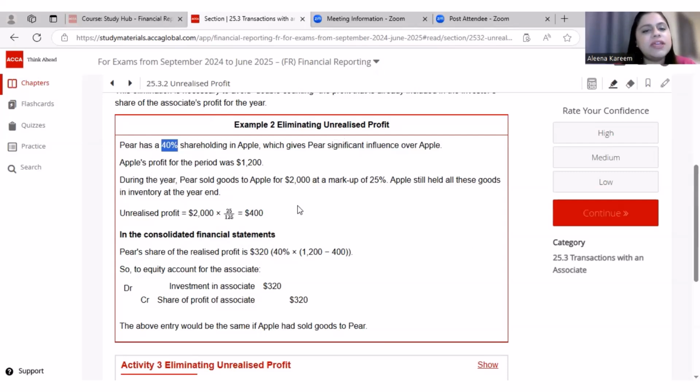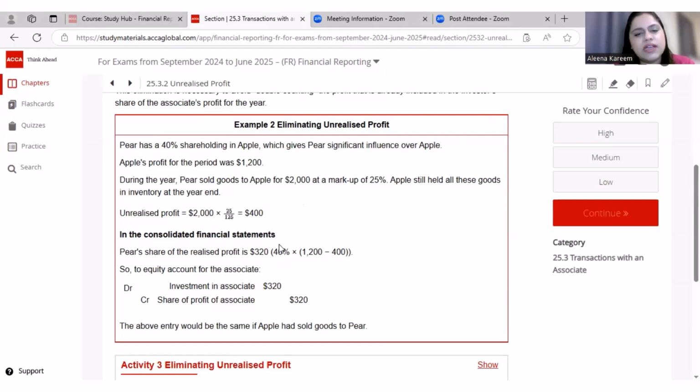So during the year, Peer sold goods to Apple for 2000, markup is 25%. Apple still held all of these goods in the inventory at the year end. So at the year end, the unrealized profit comes out to be 400. Now over here, you can see there are two ways to solve this. A, that you give a separate share of all the items individually.